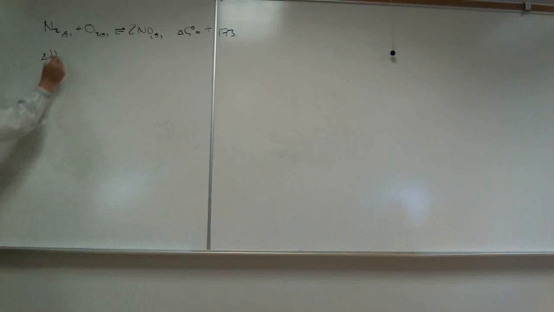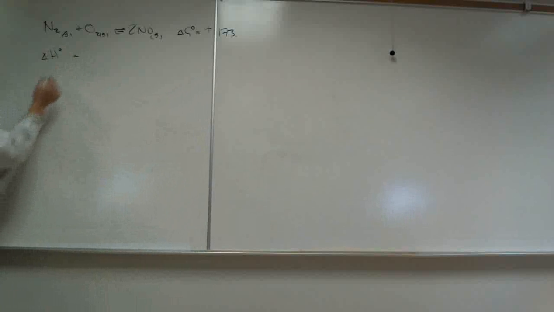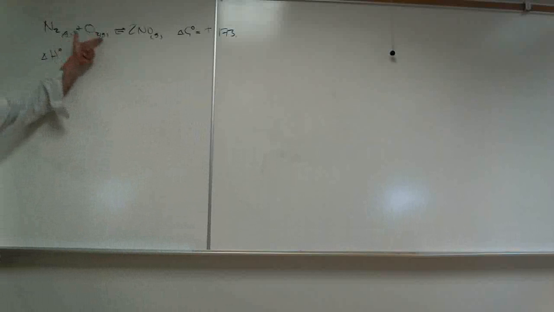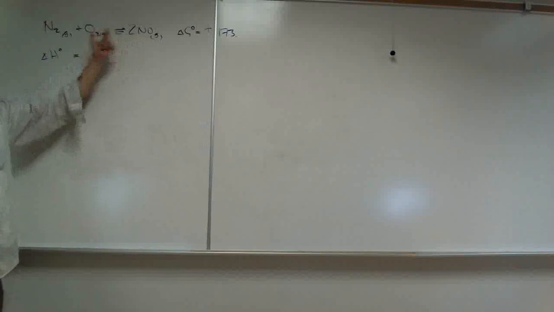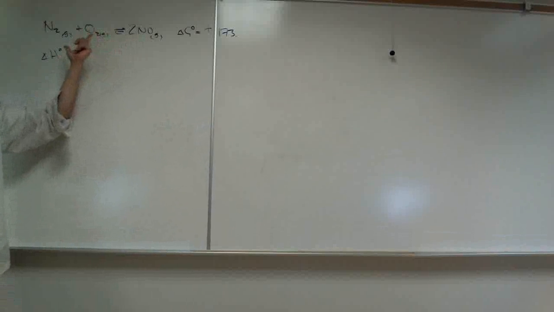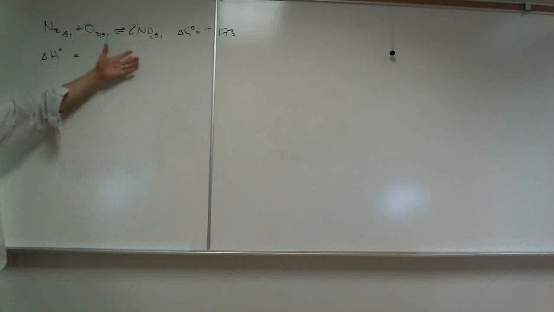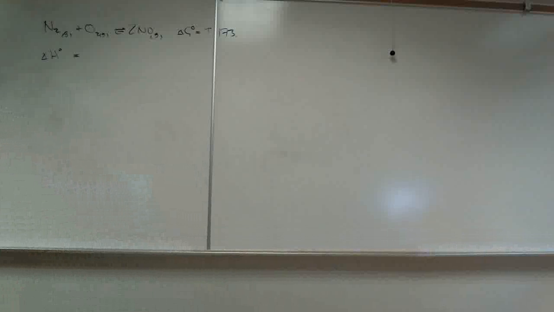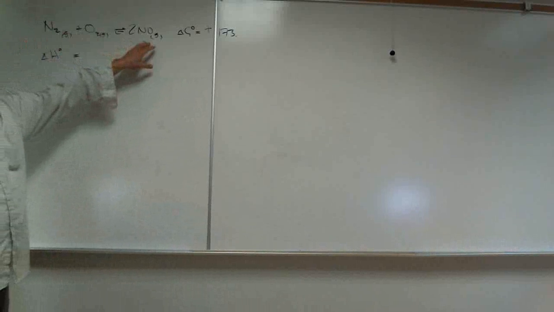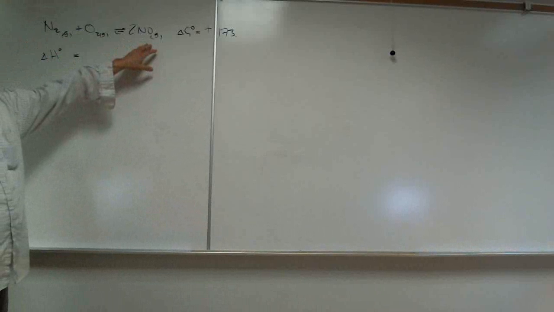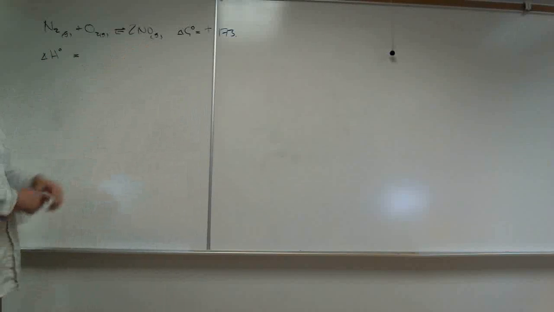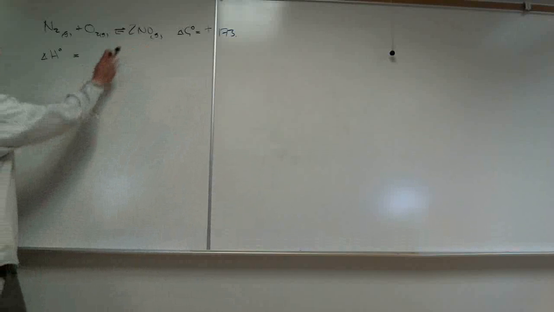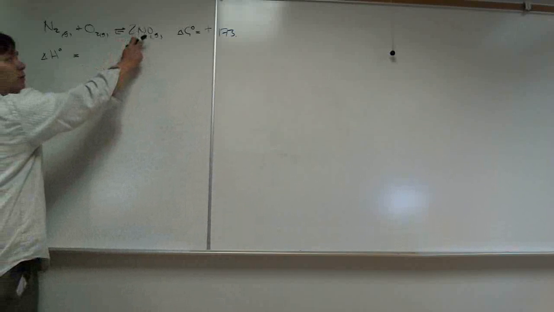If I look at this, under standard conditions, you know what this reaction's called? This reaction's called a formation reaction because we're forming the compound from the elements in their standard states under these conditions. Except, it's not quite a formation reaction. What's the difference between this reaction and a formation reaction? Formation reactions are per mole.